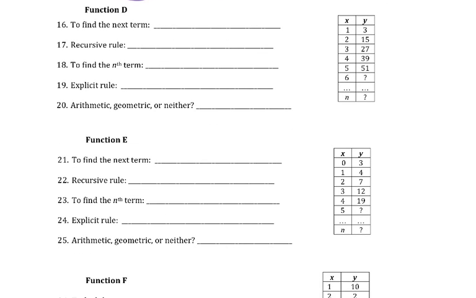All right, function D. Looking at this one, 3 to 15 to 27 to 39, we're adding 12 each time. So definitely arithmetic. Going backwards to the 0 term, it would be a -9. So to find the next term, we simply add 12 to the previous.